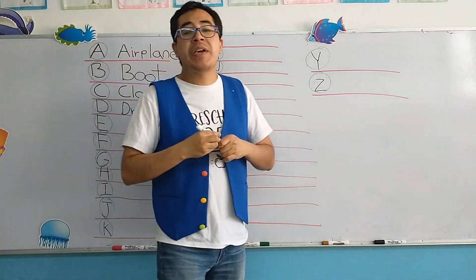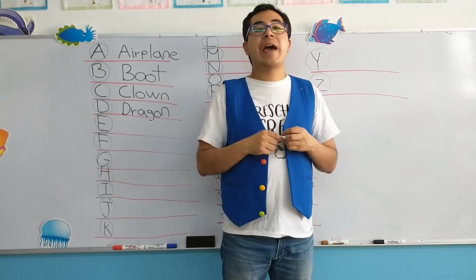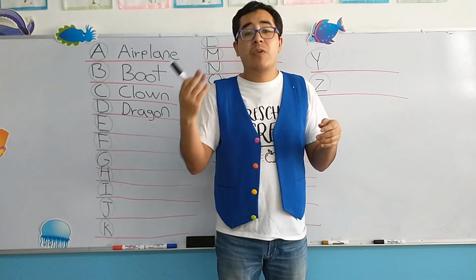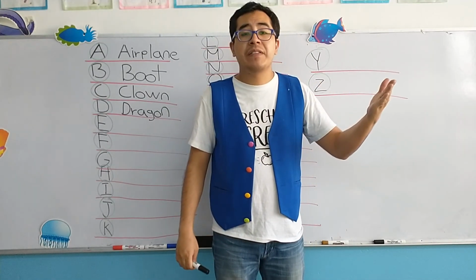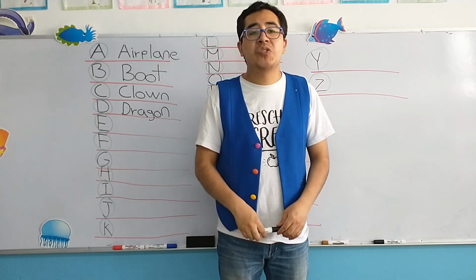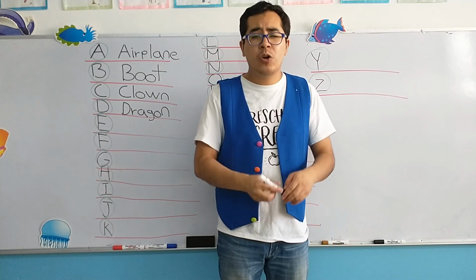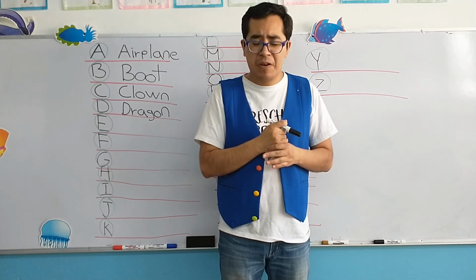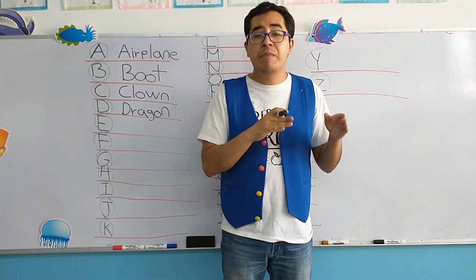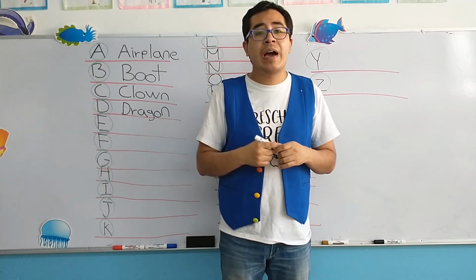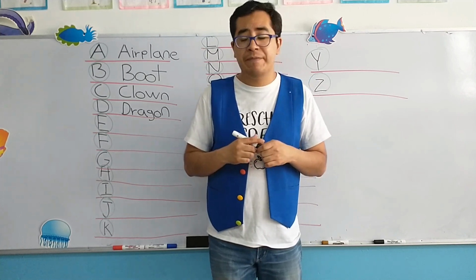Next, with capital E, we had several animals. For example, the elephant. But for this, let's use eagle. Okay? Or do you want to use elephant? Okay, let's write elephant. Remember the eagle in Spanish, águila. But let's write elephant.